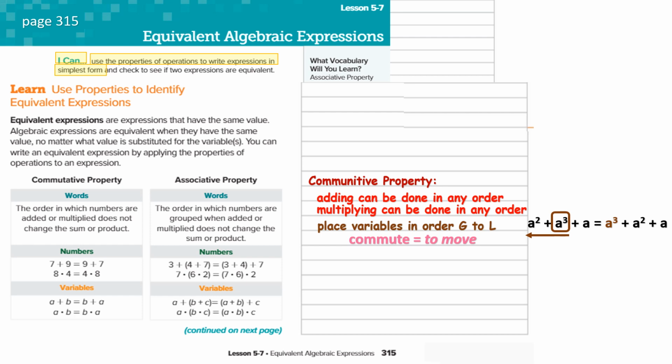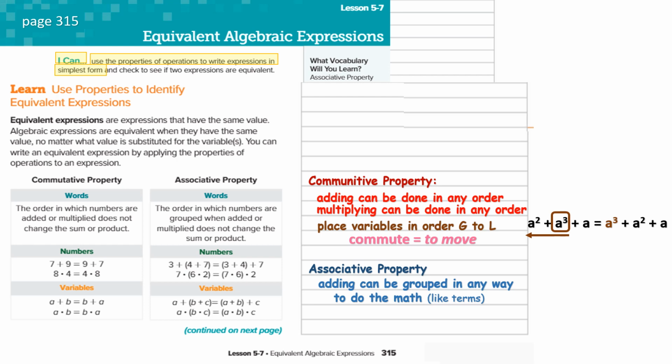This, once again, will apply to multiplication as well as addition. When I said I can do them in any order, if I have more than two, then I can also group them in any order. Notice in the example in the box, it says 3 plus, in parentheses, 4 plus 7 is equal to, I can move those parentheses and do the addition in the front and then add 7 to it at the end.